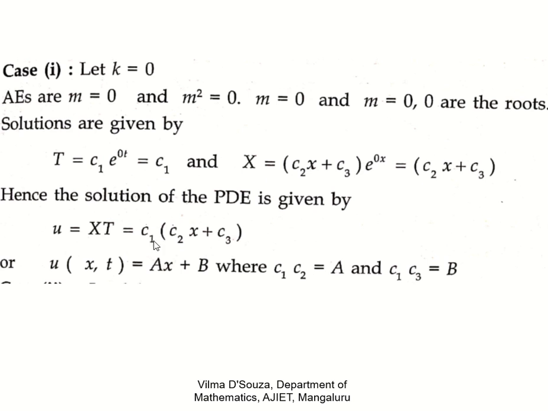You can multiply, since c1 is a constant: c1c2 can be taken as a, plus c1c3, take it as b. So when k equals 0, the solution of the heat equation is u equals ax plus b, where a and b are constants.